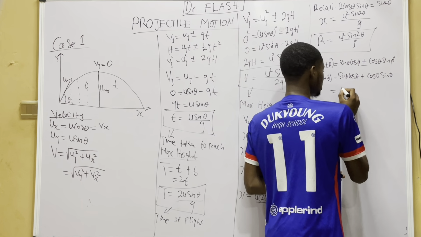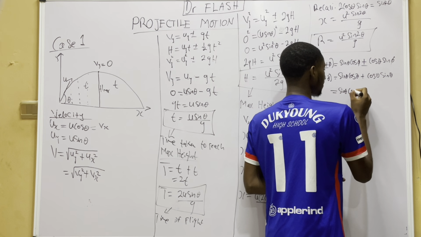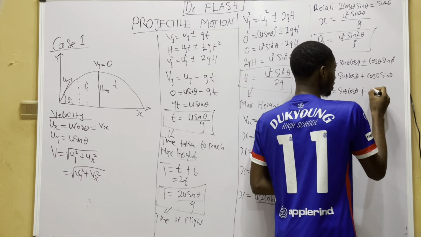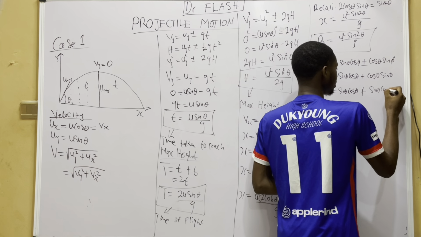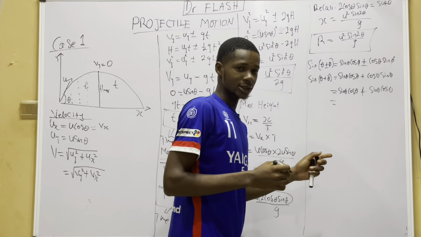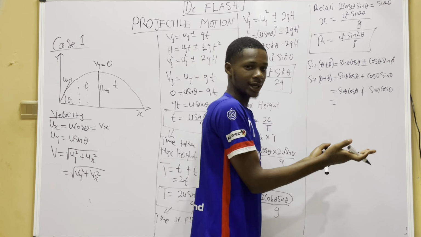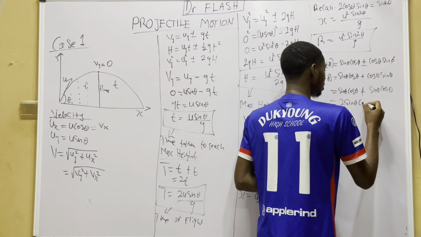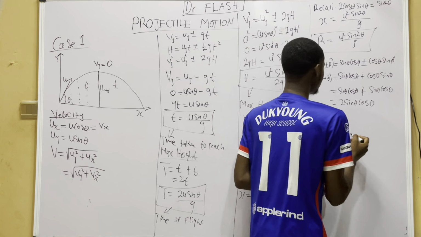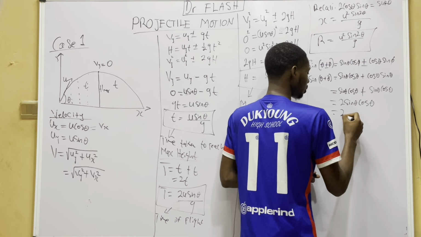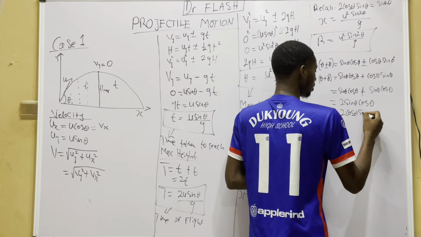So I'll write this as sin theta cos theta plus sin theta cos theta, which is like adding two similar items together. So I'm going to get 2 sine theta cos theta. Then rearranging again, bringing the cosine first, I'm going to get 2 cos theta sin theta.